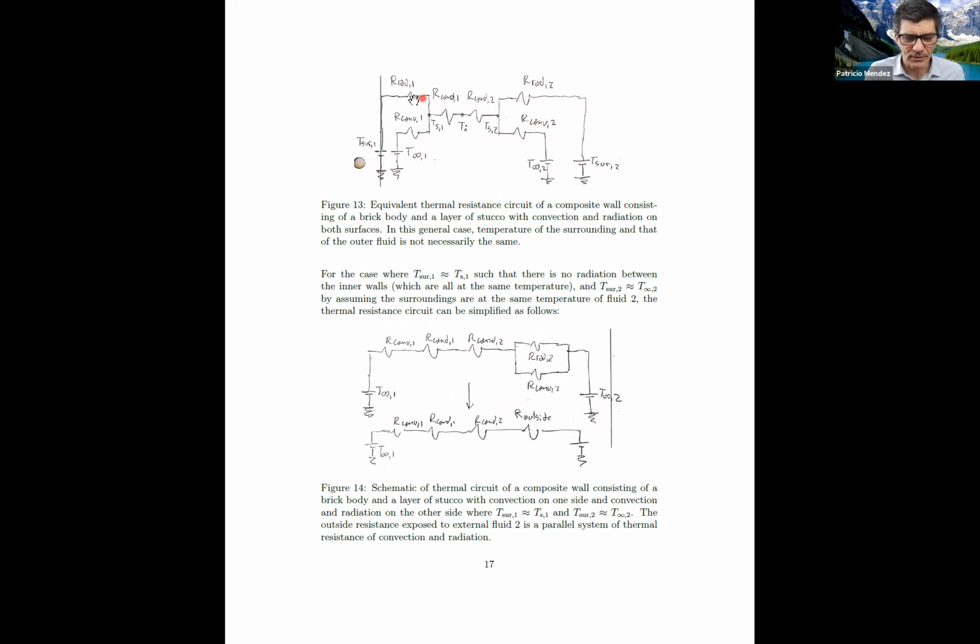And here we have the thermal resistance of radiation that goes to the surroundings inside the house, the surroundings of the wall, which is inside the house. What are these four batteries here? This T infinity 2 is the temperature of the air outside the house. T infinity 1 is the temperature of the air inside the house. This was, we said, 20 degrees. We said this one was minus 10.